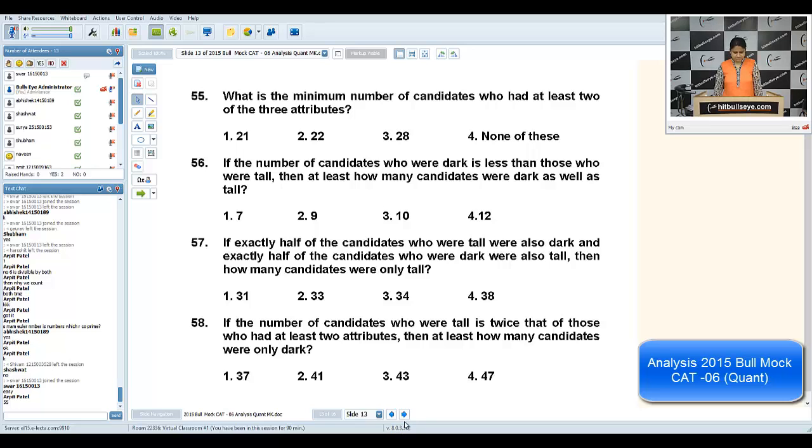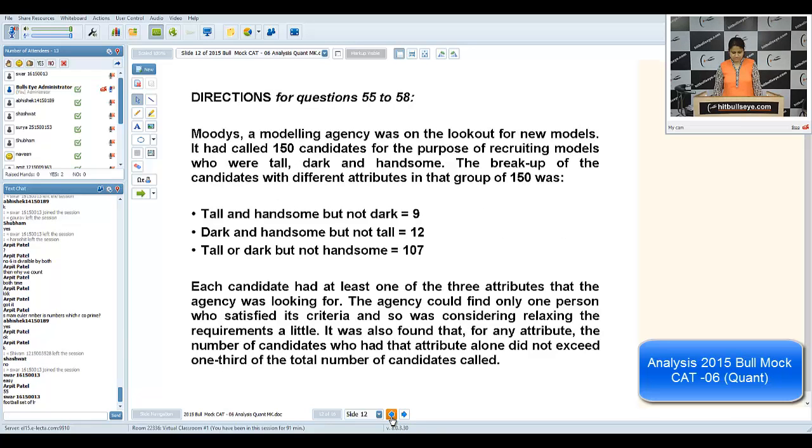55th. What is the minimum number of candidates who had at least 2 of 3 attributes? Okay, first of all, yes, I'll come to that, sir. See, Arpit, I'll make a Venn diagram.